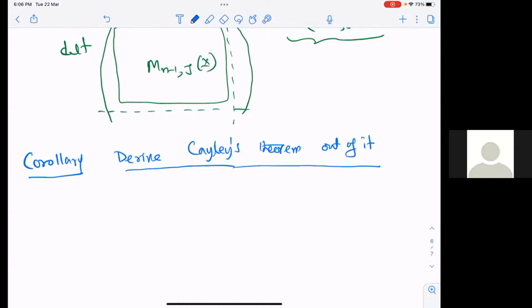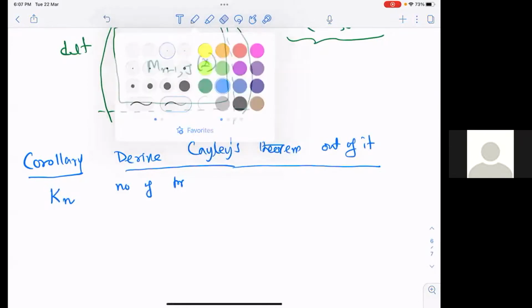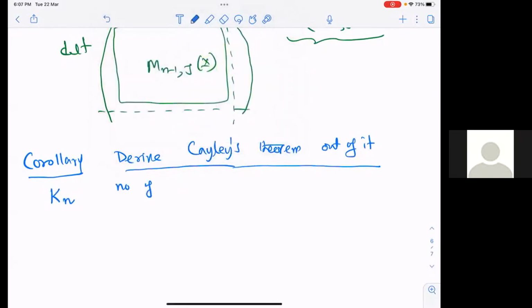So what is Cayley's theorem saying? That if you have a complete graph K_n, the number of trees, or spanning trees, is n to the power n minus 2.